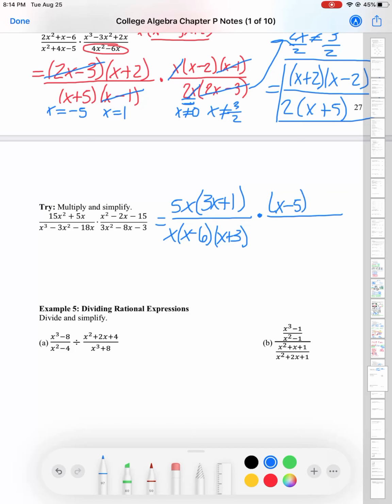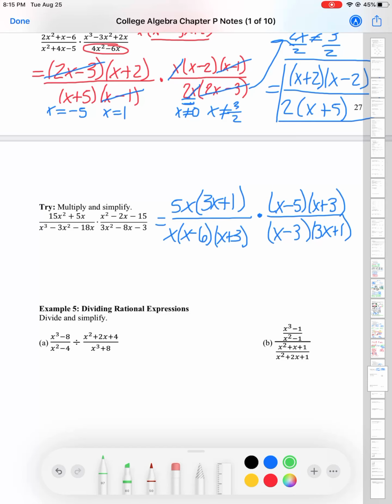So x minus 5 times x plus 3. And then the next denominator is with the AC method. So x minus 3 times 3x plus 1.